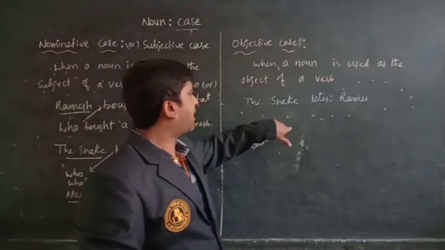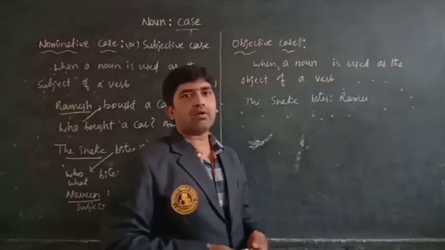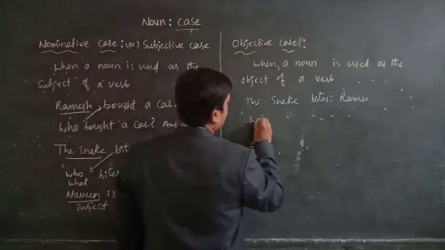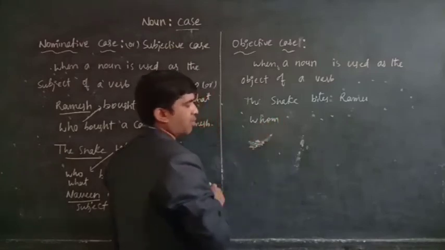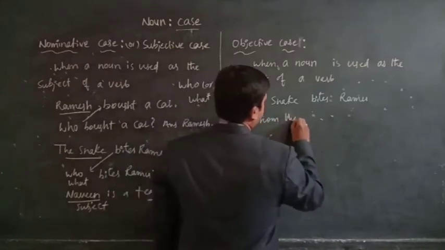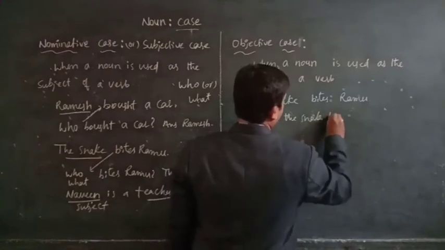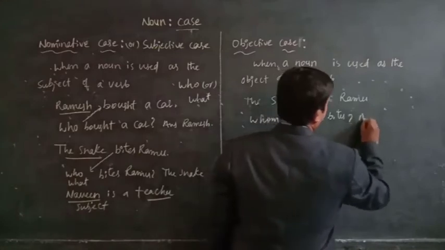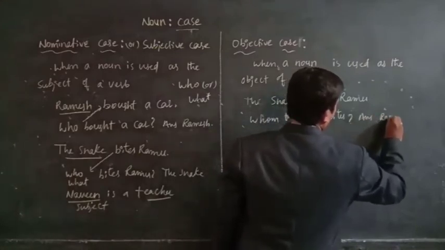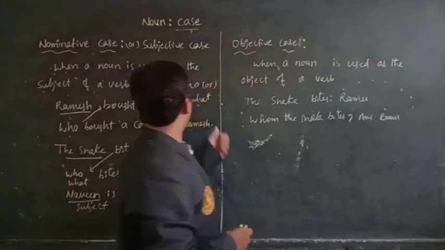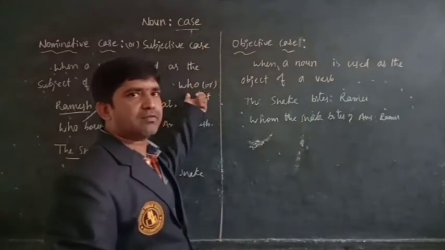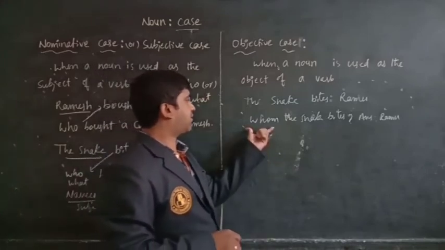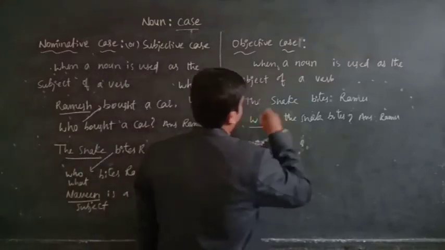For knowing the object, what do we have to do? We have to ask the question with whom: the snake bites whom? The answer we get is Ramu. For knowing the subject we ask with who, and for knowing the object we ask with whom.